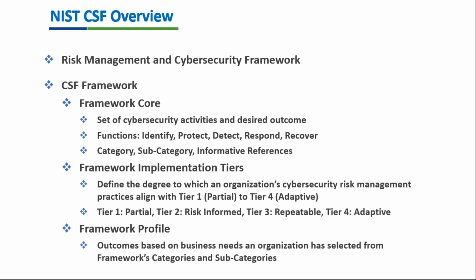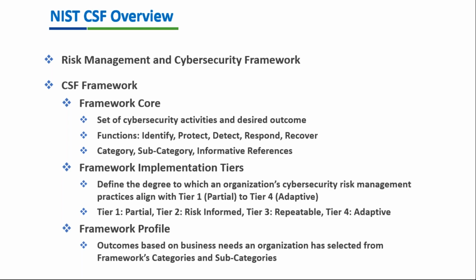And then the second component is the framework implementation tiers. So there are 4 tiers essentially to measure where we stand against each category and subcategory. So if it is risk management, for example, all the activities: are you doing vulnerability scanning? Do you know what assets are there?